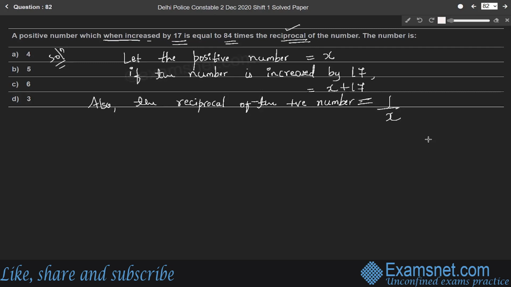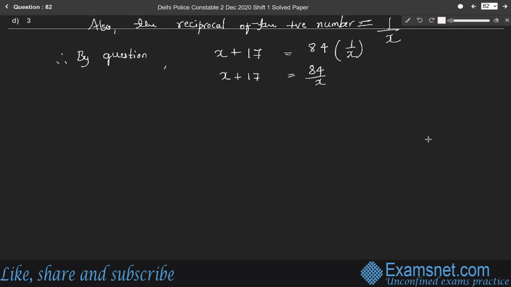So according to the question, when the number is increased by 17, which is equal to 84 times the reciprocal of the number. Therefore, by question, x plus 17 is equal to 84 into 1 by x, right? Simplify it. So x plus 17 is equal to 84 by x, right? So x square plus 17x minus 84 is equal to 0, right?